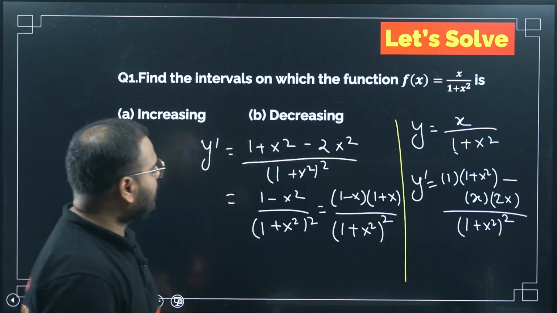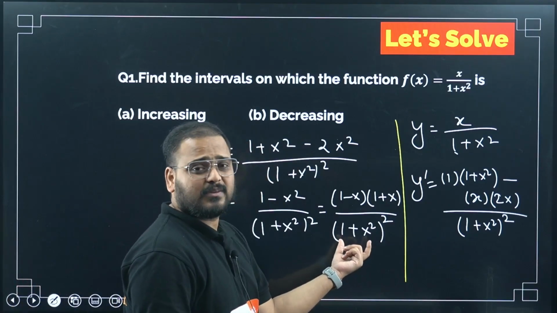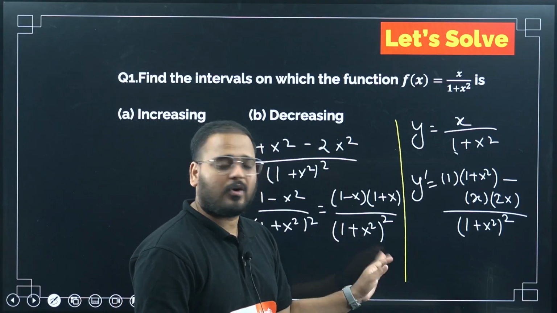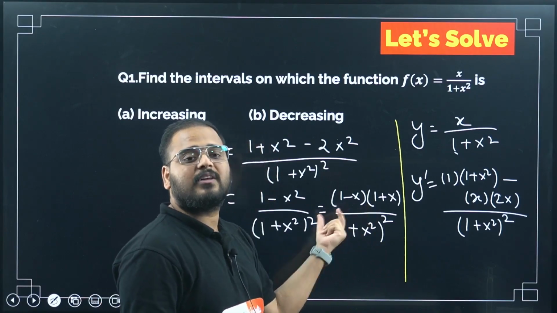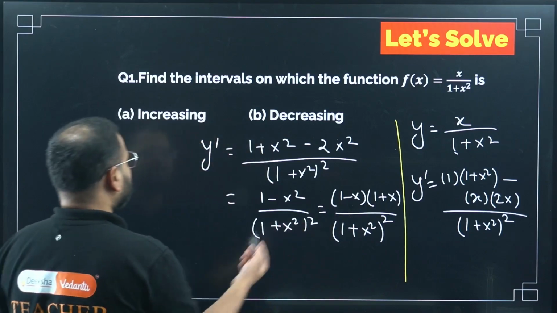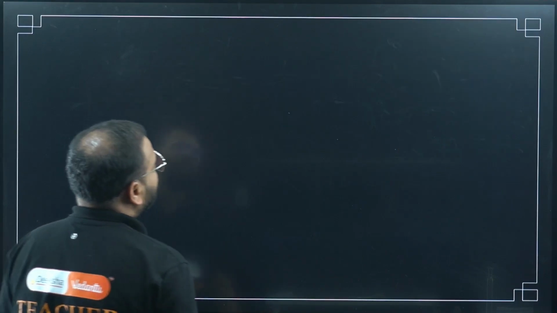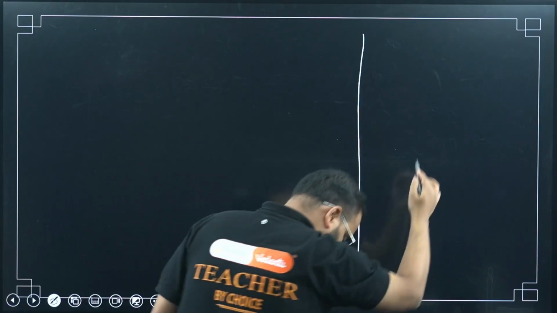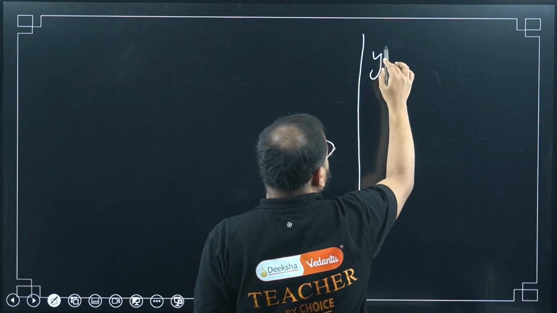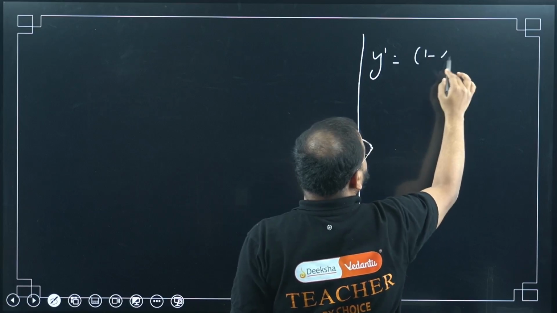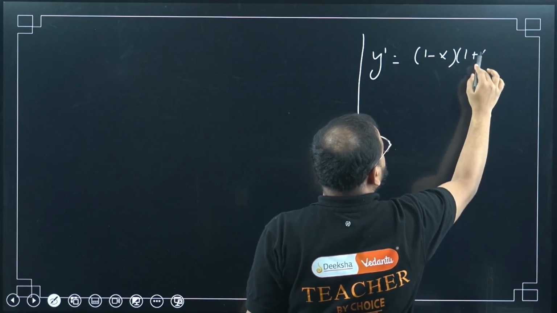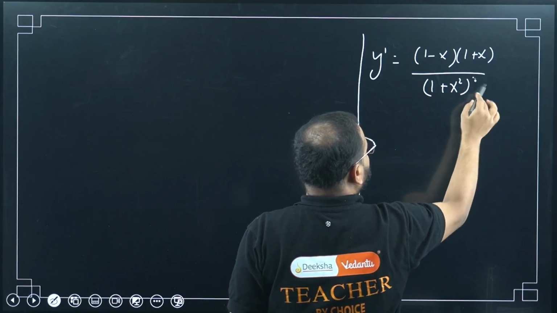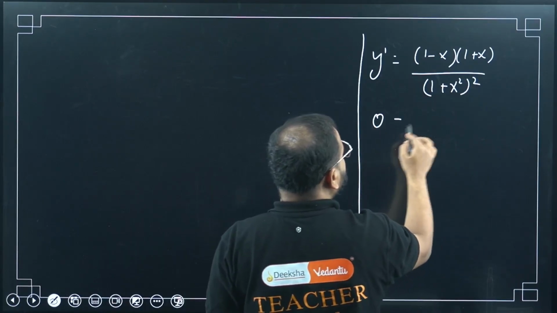Okay? Now, think about it. The denominator is basically a positive number. Square of a number more than 1 will be positive. It can never be 0. I don't want to check for this part. Only the critical point will be what? What I said to find critical point: whatever the derivative is, put it as 0.